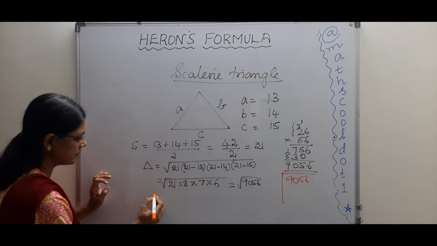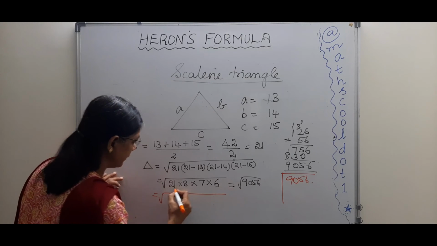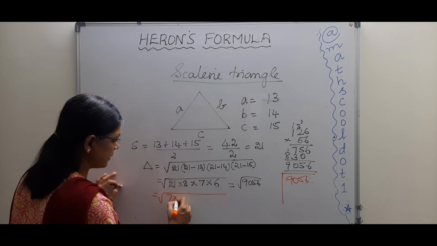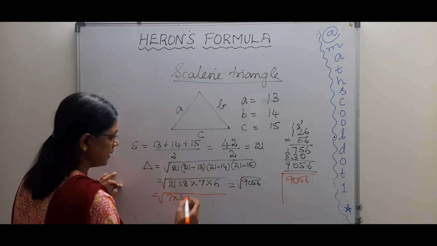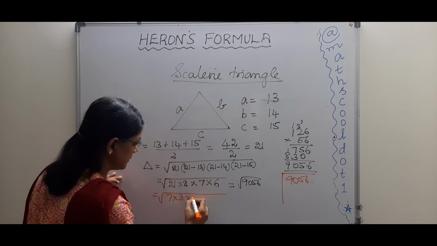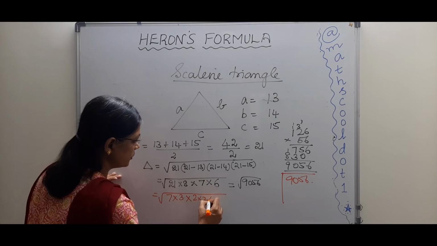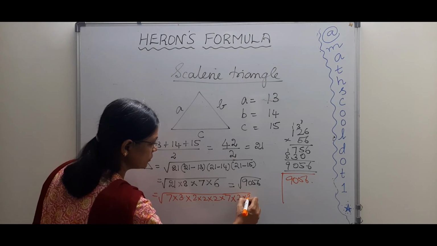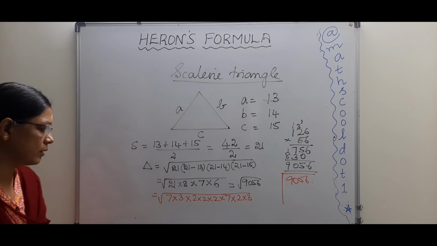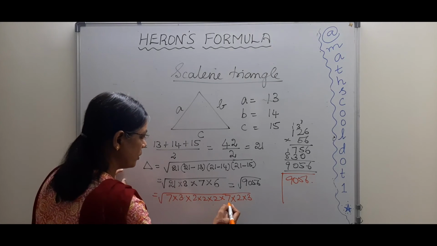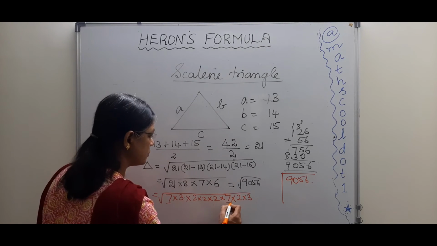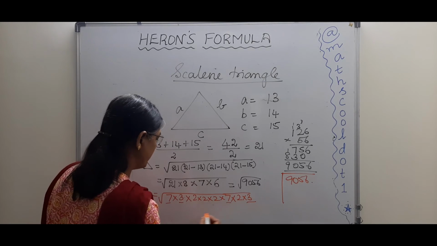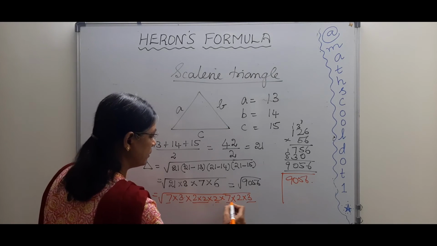21, 8, 7, 6. I can simplify this. See here, how do I simplify? 21 I can write as 7 into 3, 8 as 2 into 2 into 2, 7 as it is, and 6 as 2 into 3. This will simplify your calculation. See, the numbers that are in pairs: 7 pair, 3 pair, 2 pair, then 2.